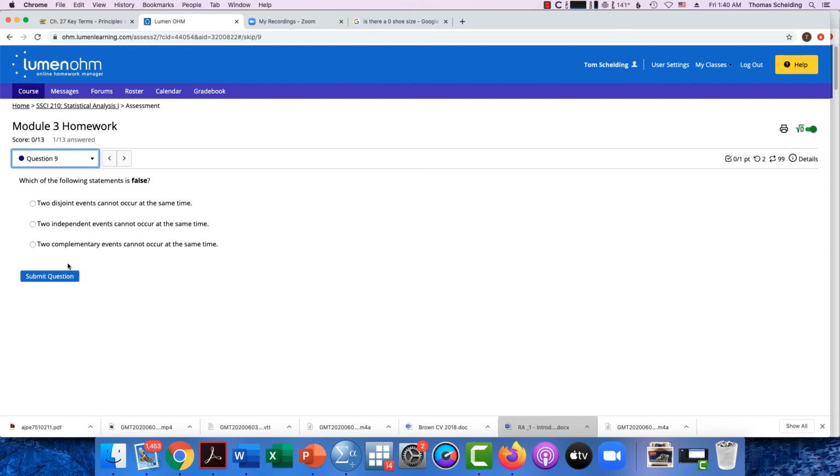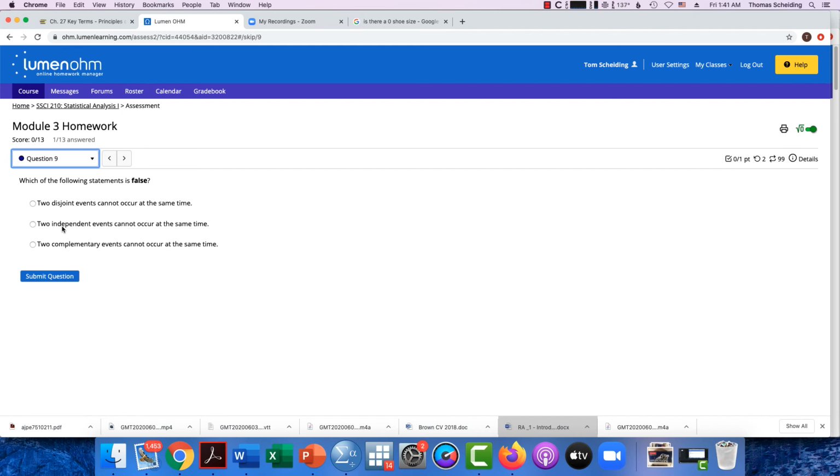So let's talk about what the definitions of these are. Disjoint would be that they can never occur at the same time. So the definition of disjoint event is the opposite of this. Sorry, not the opposite of this. It is this, meaning this is a true statement. Disjoint events indeed cannot occur at the same time. So this is a true statement. Disjointness would mean that there's no shared outcomes.